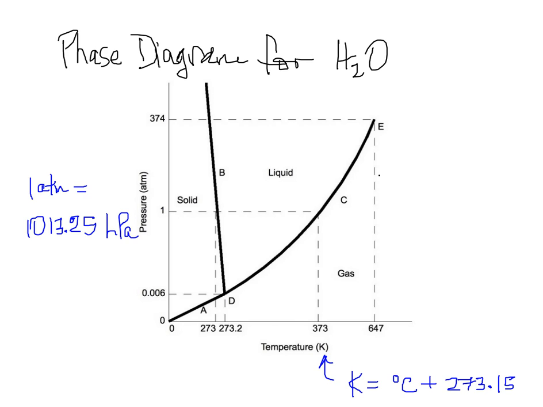Now, what this also means is that we could, for example, ask the question, for a given value of pressure and for a given value of temperature, which phase would we expect H2O to be in?